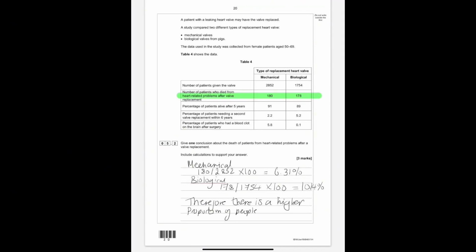So therefore, there is a higher proportion of people that are more likely to die with a biological valve. All right, I'll change that to patients over here.